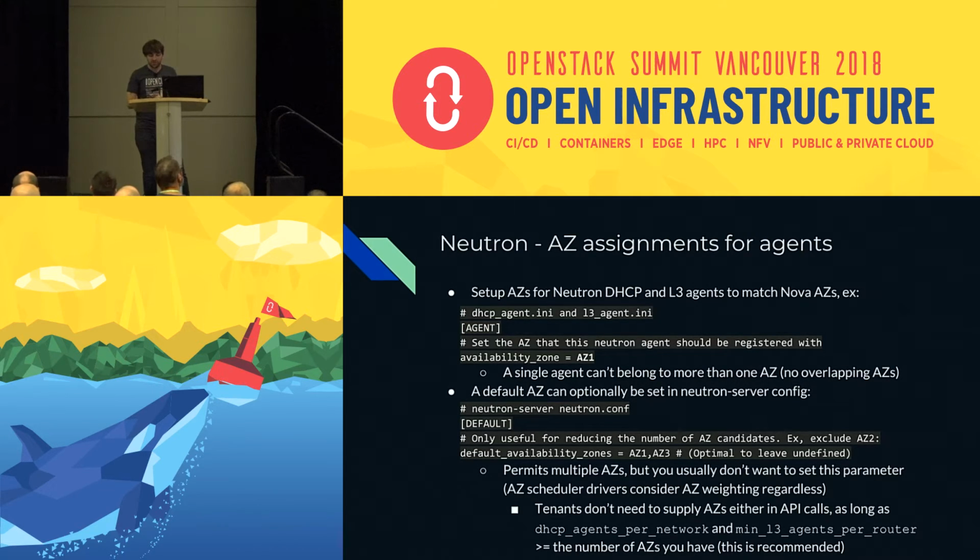But Neutron also lets you list more than one AZ there, or AZ candidate. But if you're just going to list all of your AZs as candidates, then you can leave it blank and it has the same effect. The AZ scheduler driver will try to diversify the AZ placement regardless. And the other nice thing about leaving this blank is that your tenants won't need to provide any AZ hints, since Neutron can take care of the AZ diversity.